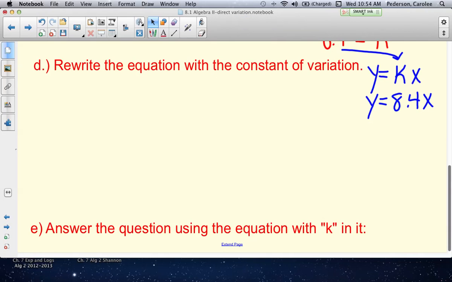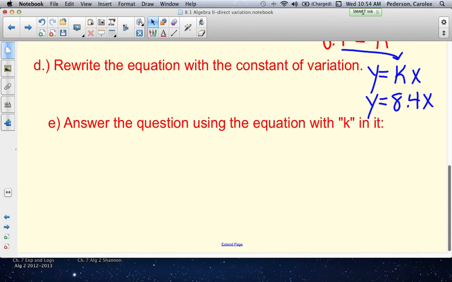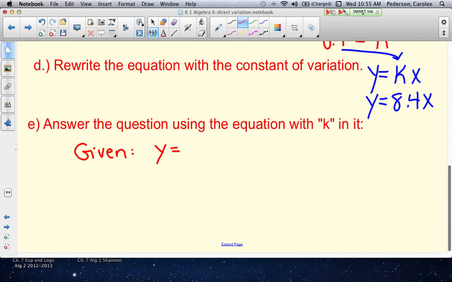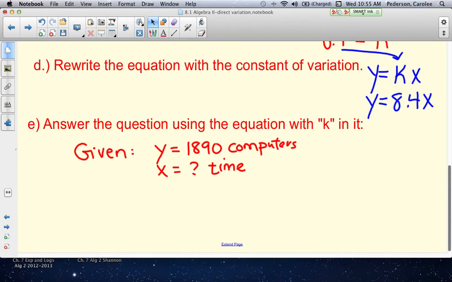So part E is to answer the question with k in it. They gave us a new given, the number of computers were 1,890, and we have to find out how long it takes, where x represents the time.